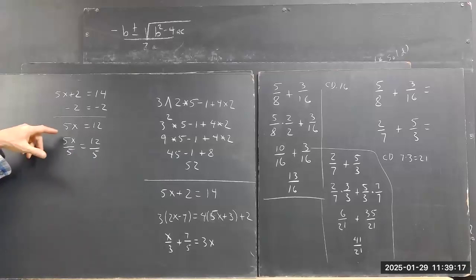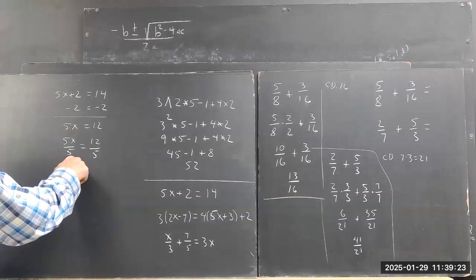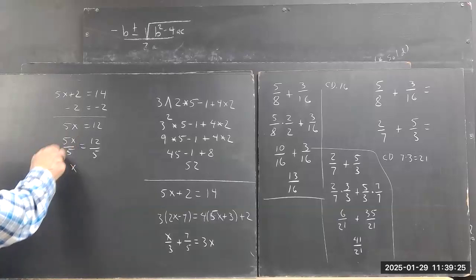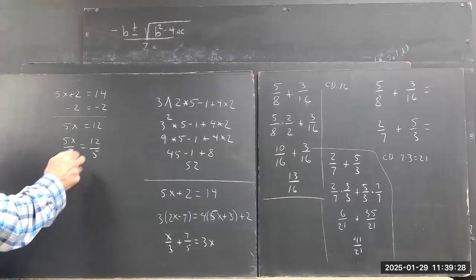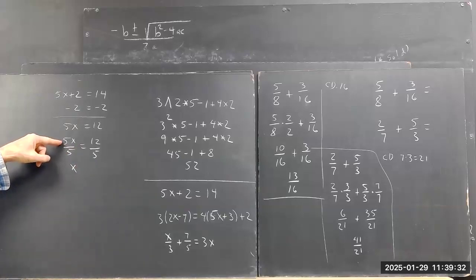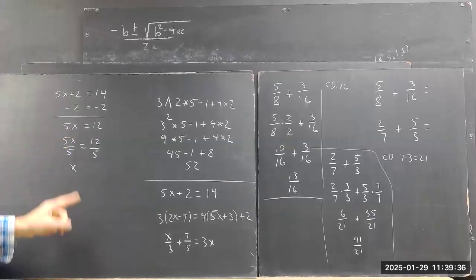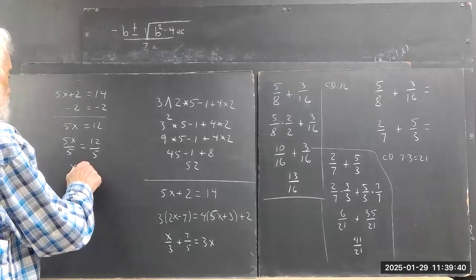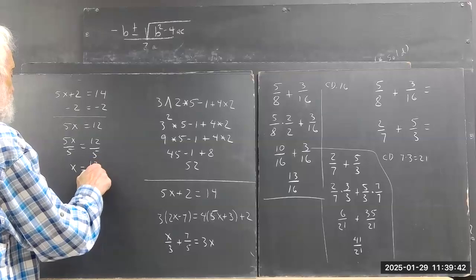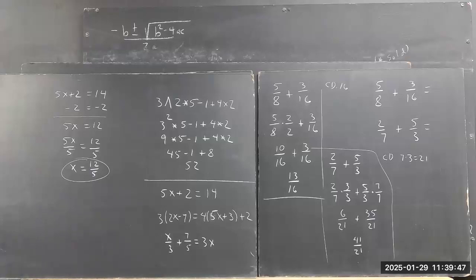Then 5x divided by 5 just gives us x. Now, I'm going to, off to the side, show you in detail why that gives us x. But the basic thing is 5 divided by 5 gives you 1. So you got 1x, which is just x. Okay? And of course, then you got 12/5. That suffices for an answer.